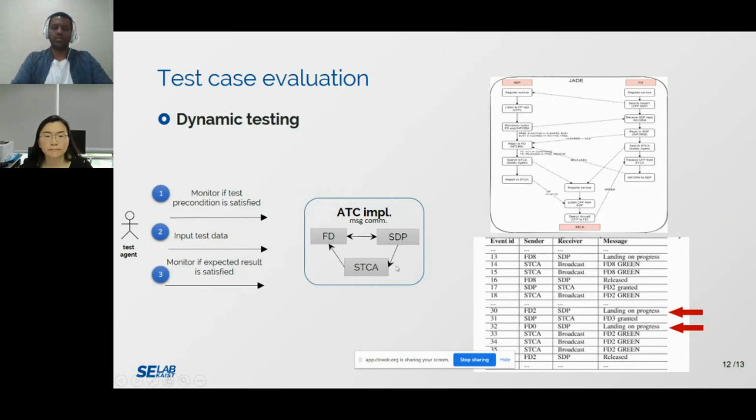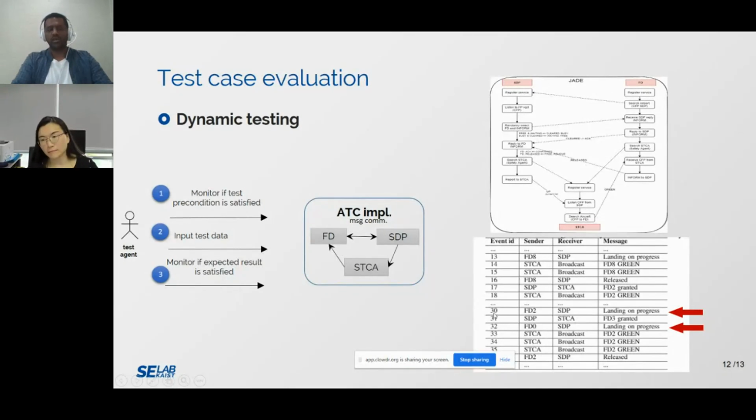With this simulation, we have a test agent that monitors if the test precondition is satisfied, as we have identified in the system. Then we provide some input test data that can reveal hidden vulnerabilities of this precondition, and the test agent monitors if expected results are satisfied or not.